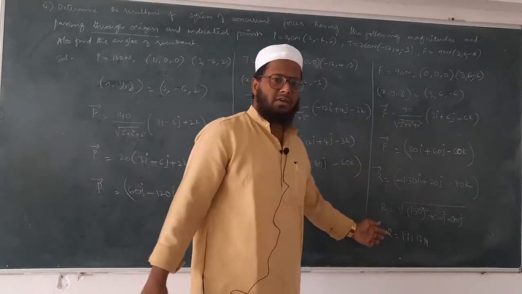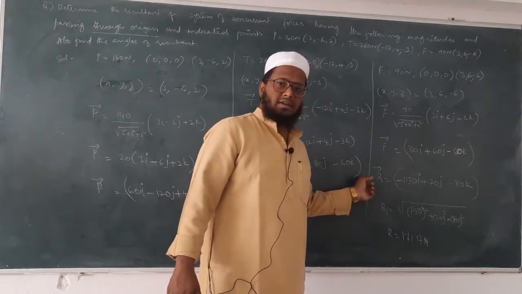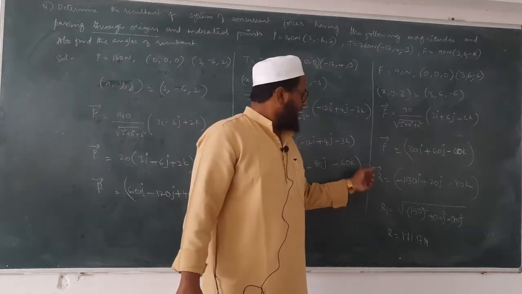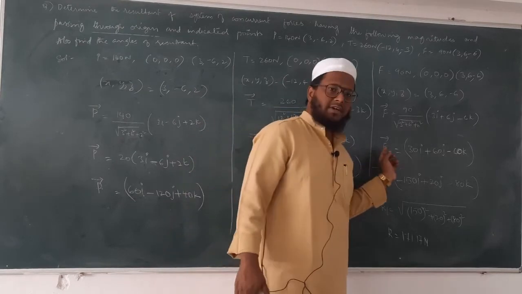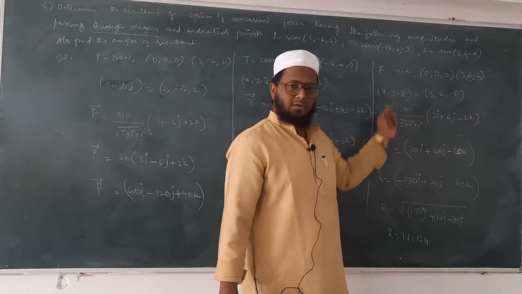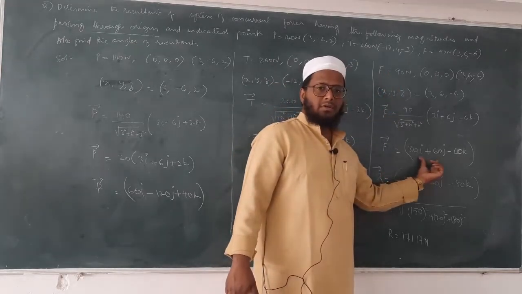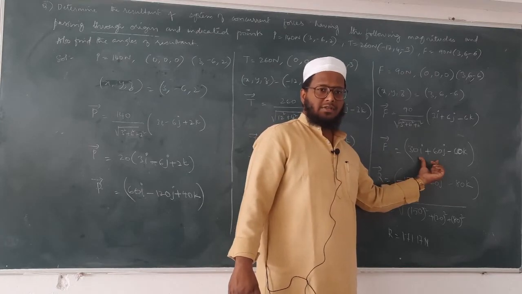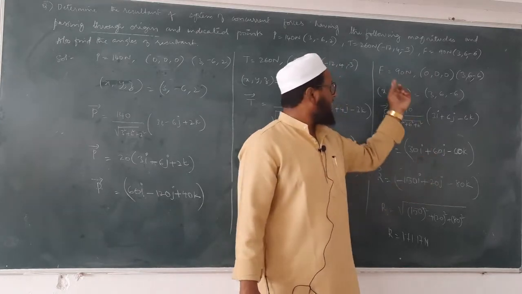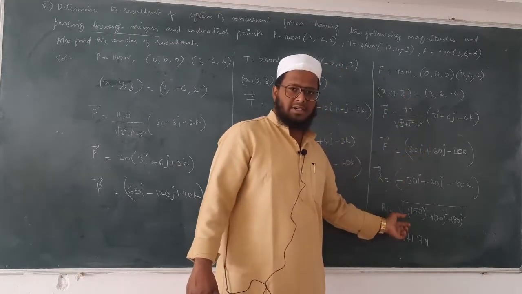So this is the value of resultant, and this is the vector for resultant. If you want to calculate the exact force for this force vector F, simply do the square root and calculate, you will get 90 again. So the same thing we are doing for resultant.